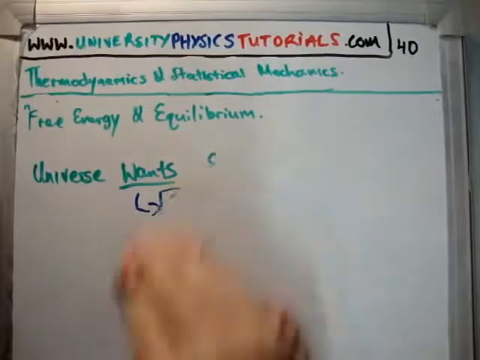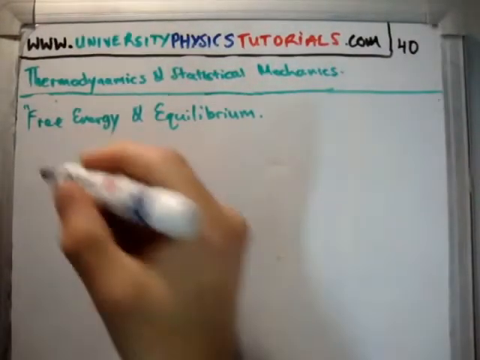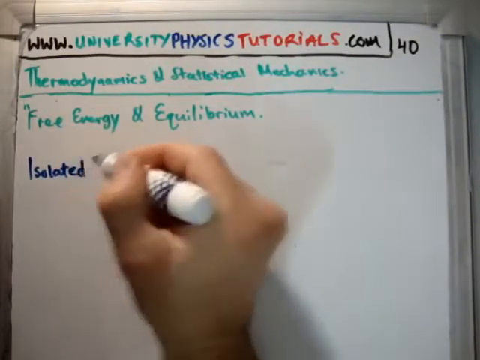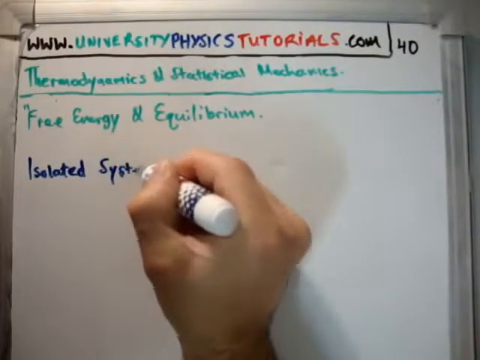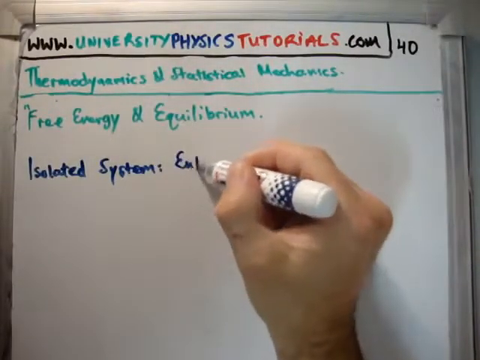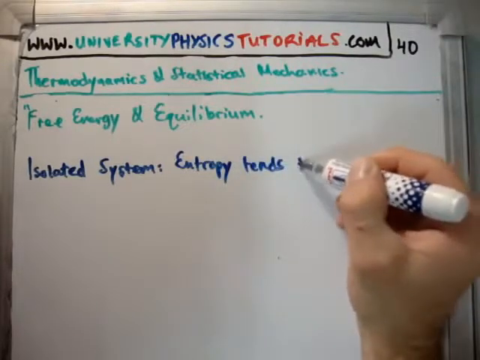Now, we already have kind of an answer to this because we know what the second law says. The second law says that for an isolated system, the entropy tends to increase.